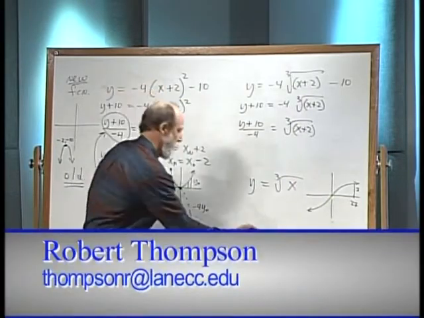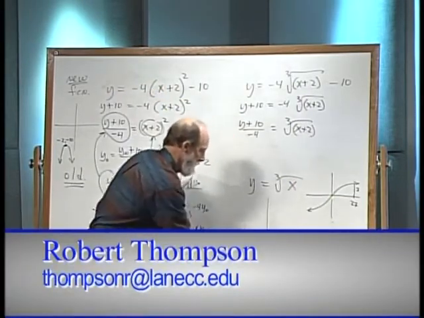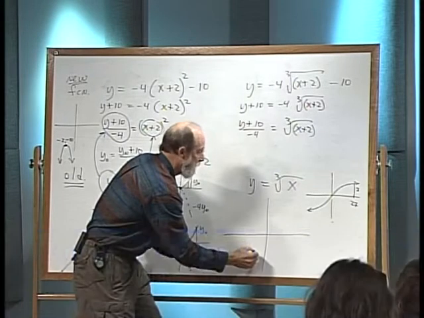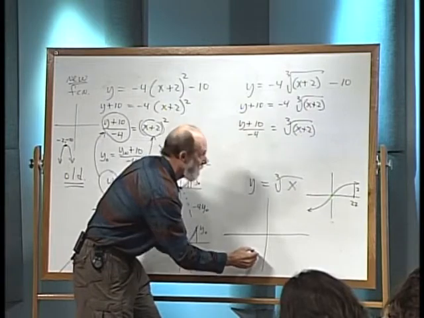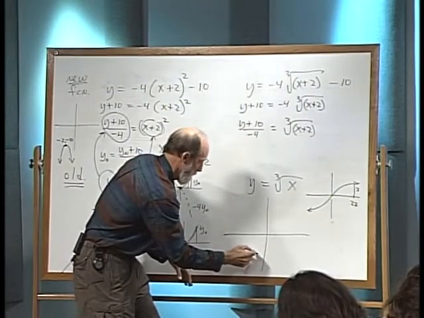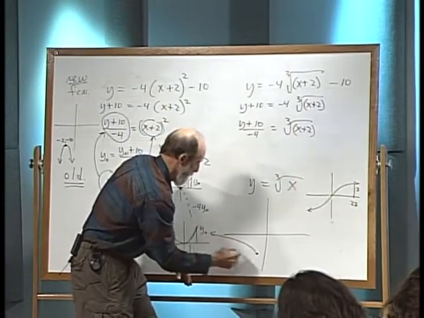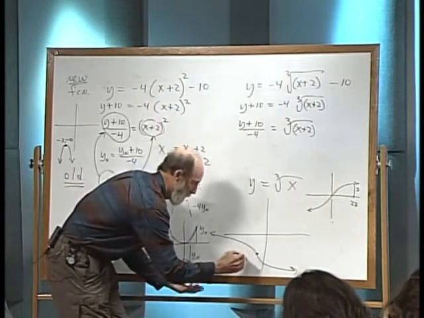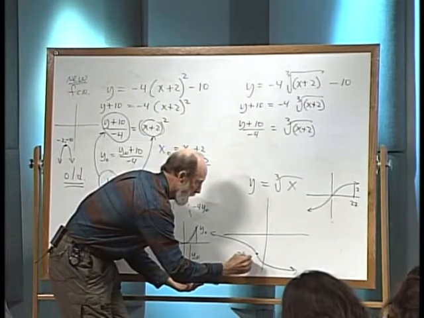Quick sketch: 10 down, 2 to the left. It looks like an upside down cube root that's been vertically stretched somewhat. And I'd label this point -2, -10.